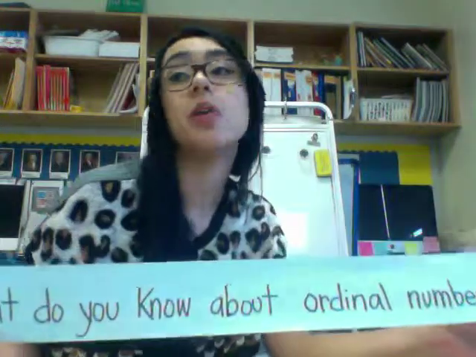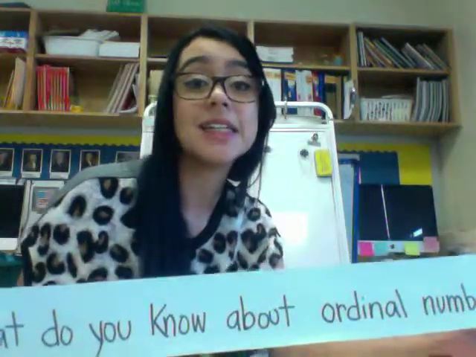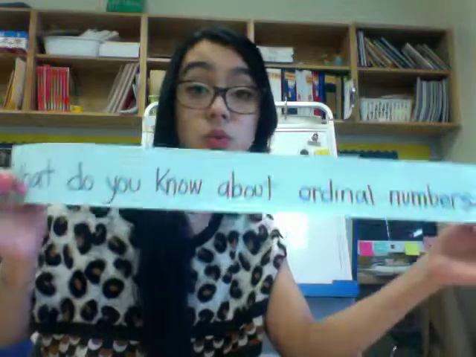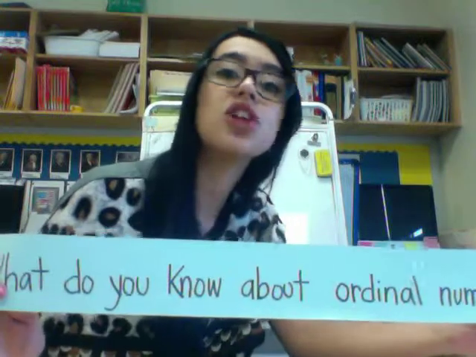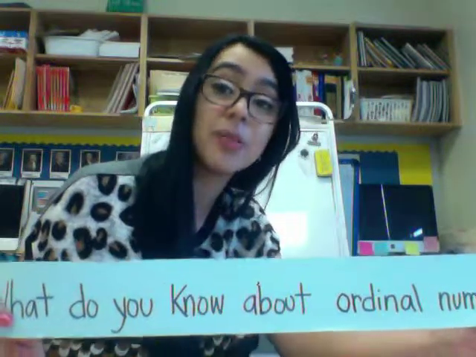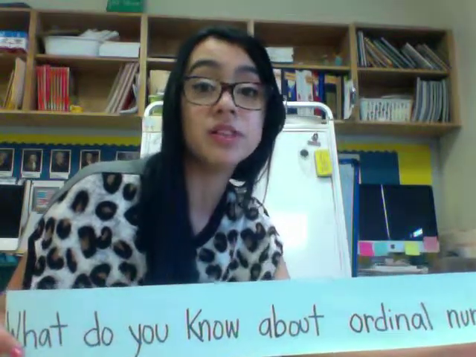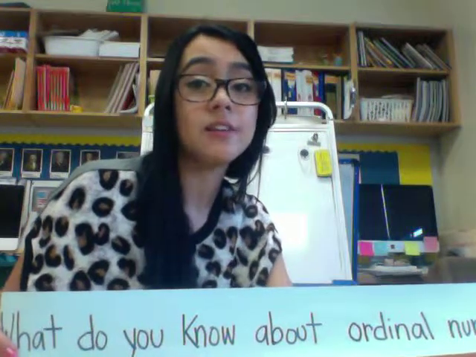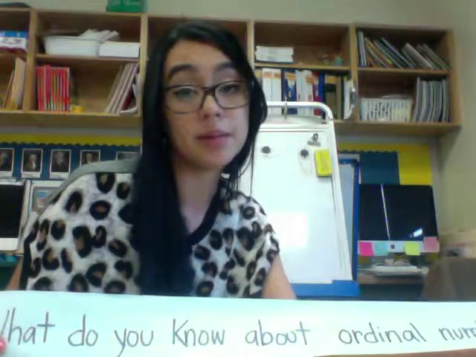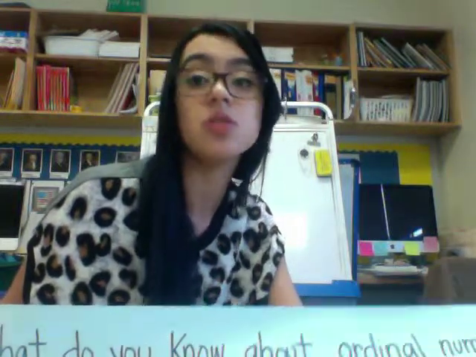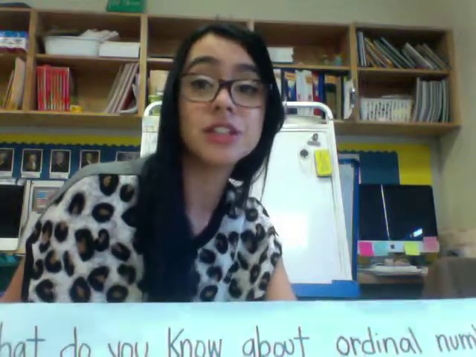The idea is to say the question, to also show it to them so they get the visual, and then they can turn and talk with their partner about what they know about ordinal numbers. If you see that the students are struggling with ordinal numbers, you can then change that question to what do you know about numbers, which is going to give them more options and things to say, because at this point they should know many things about numbers.